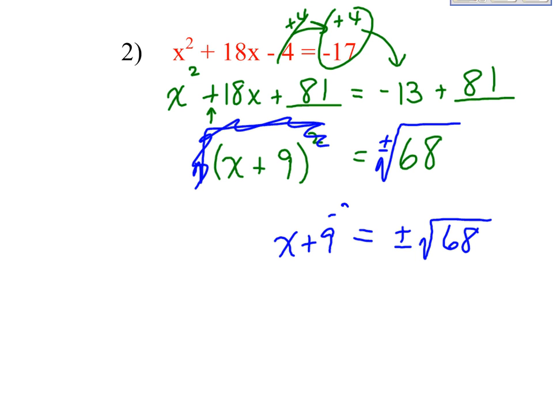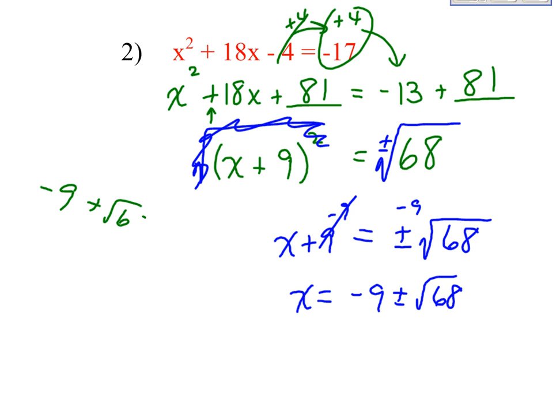And then I'm going to subtract 9. So negative 9 plus or minus the square root of 68. And then I'll plug in my calculator. Negative 9 plus the square root of 68, and negative 9 minus the square root of 68. You don't have to divide by anything if we're not using the quadratic formula.